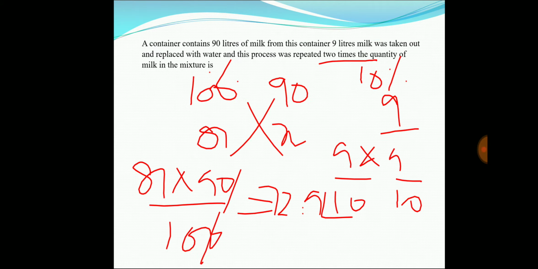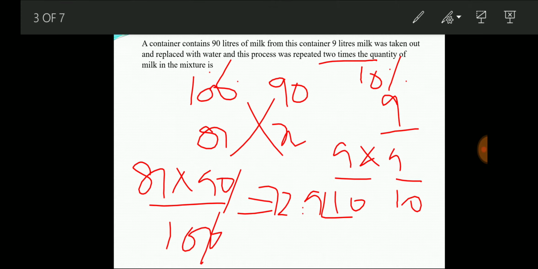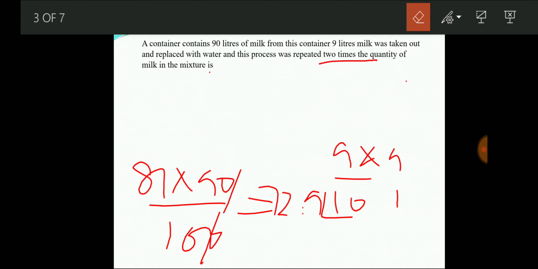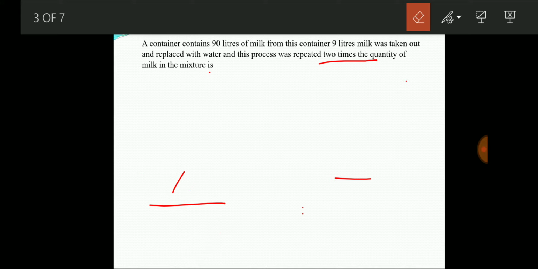This can also be a technique. If it says 3 times, for example, if 500 liters of milk is there from which 50 liters is removed and replaced by water, and the process is repeated 3 times as a whole, all that we have to do is, 500 liters from which 50 liters is removed, which just means 10% is removed. 10% removed 3 times means 90 by 100 into 90 by 100 into 90 by 100.